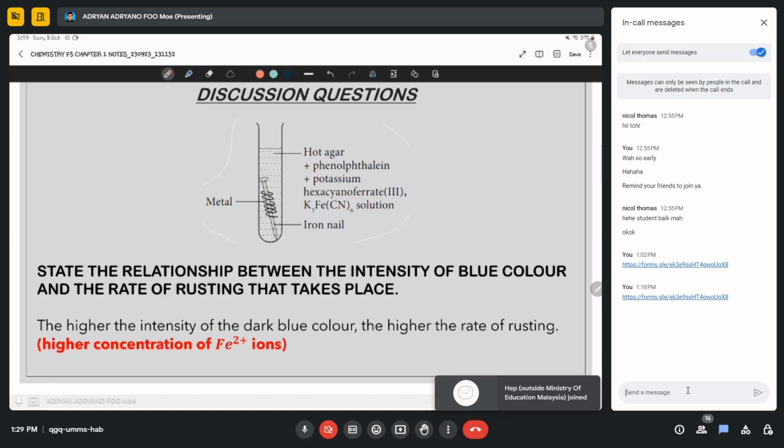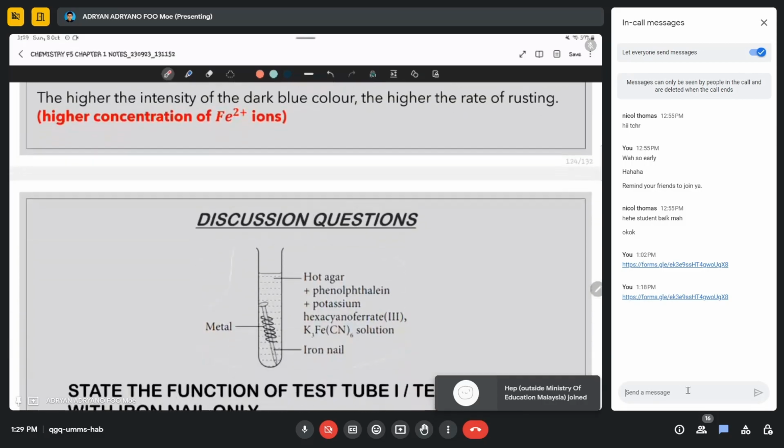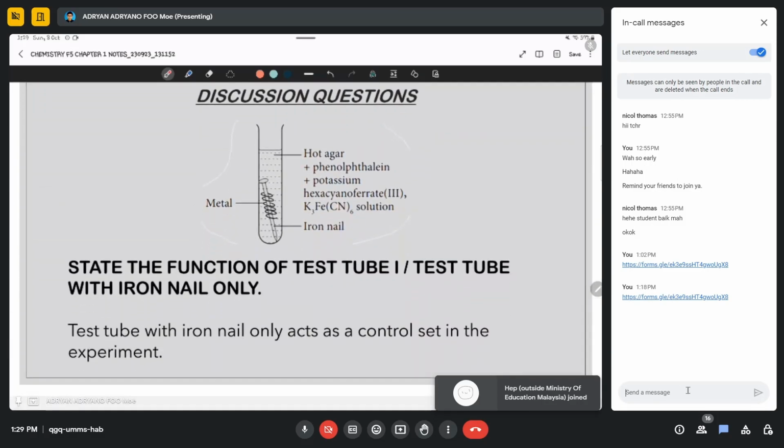它就是问你这种东西罢了。State the function of test tube 1 or test tube with iron nail. They act as control set 咯。为什么我们一定要 control set? Okay. Whenever you 上了大学 when you do experiment, 你一定需要有一个 control set. What does it mean by control set? 你一定要有一个 original 的 setup. 然后其他的是你 modify 的 because this original is following the theory.